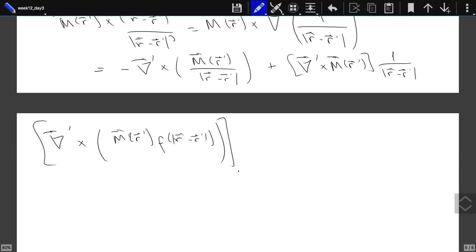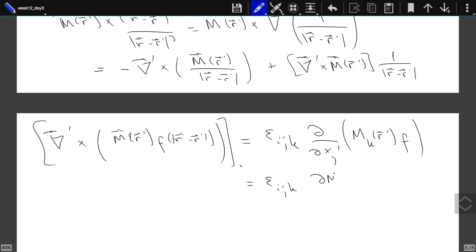Let me calculate the i component. Now the i component is epsilon ijk del over del xj prime mk of r prime times f. This is equal to epsilon ijk derivative of mk with respect to xj prime times f plus mk times derivative of f with respect to xj prime.